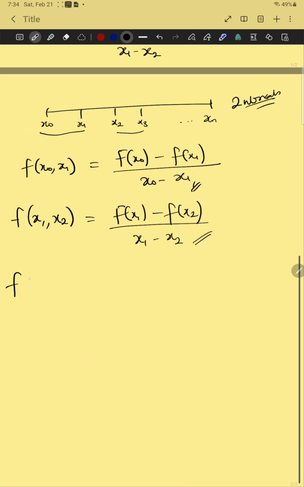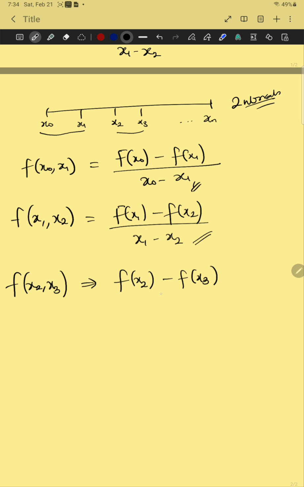If you pick f of x2 comma x3, your answer will be f of x2 minus f of x3 divided by x2 minus x3. All these are for two points.